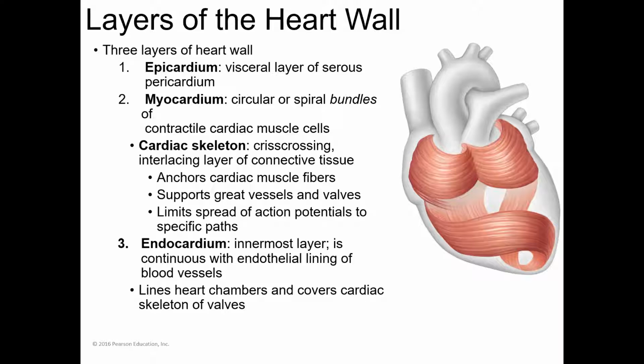And we do not get oxygen and nutrients from what shows up in the chambers. The heart has its own circulatory pattern. It's a very common belief that the heart gets fed by what's inside the four chambers, and that's not true. The heart has a very sophisticated circulatory system.